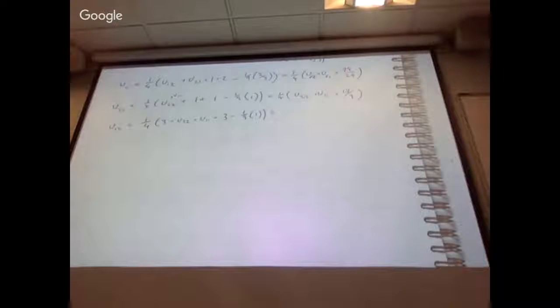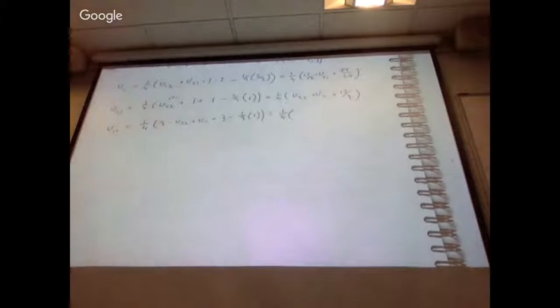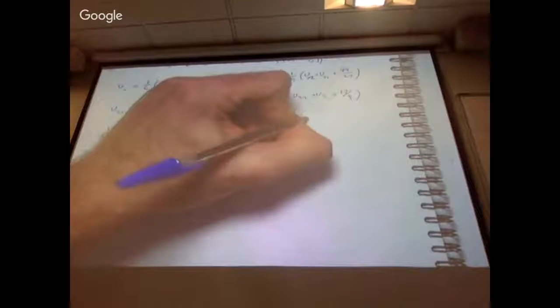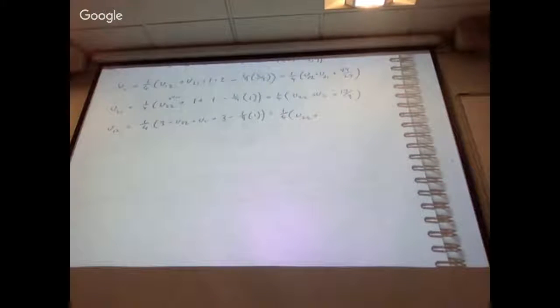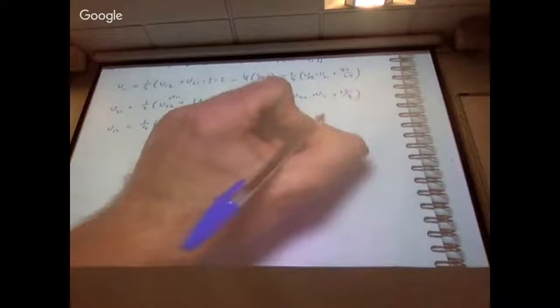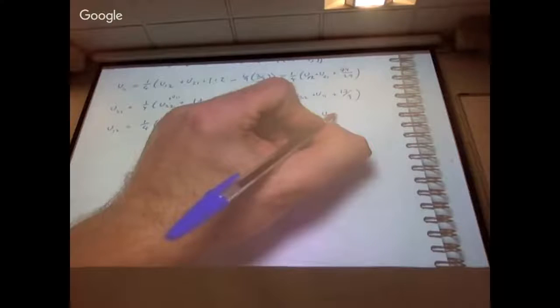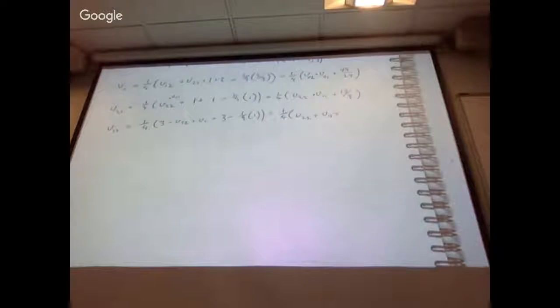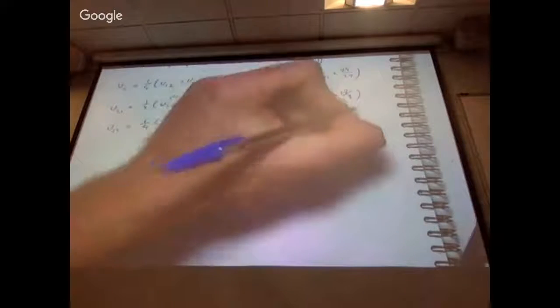So add them together, get 1. Okay, so that's going to be U22 plus U11 plus, okay, so 3 plus 3 minus 1/9 is 53/9.